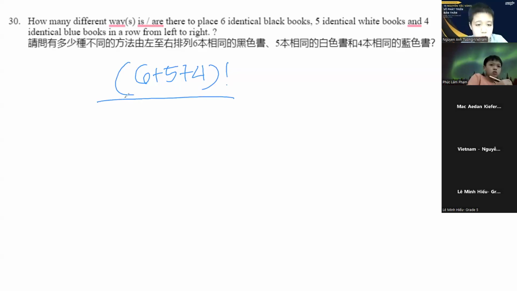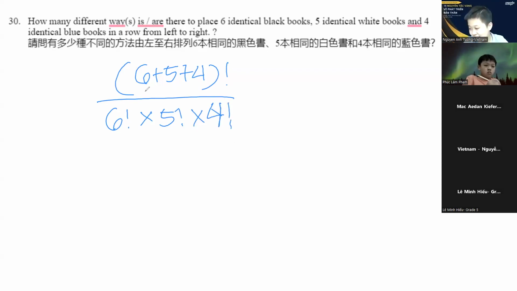This is all the ways we can arrange 15 books, but notice there are identical books. So black, black is exactly the same as black, black if you were to reverse them. So we have to divide by the number of identicals. So divide by 6 factorial times 5 factorial times 4 factorial. So this is 15 factorial over 6 factorial, 5 factorial, 4 factorial.